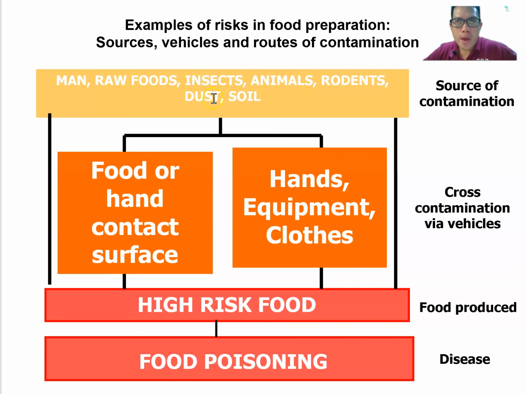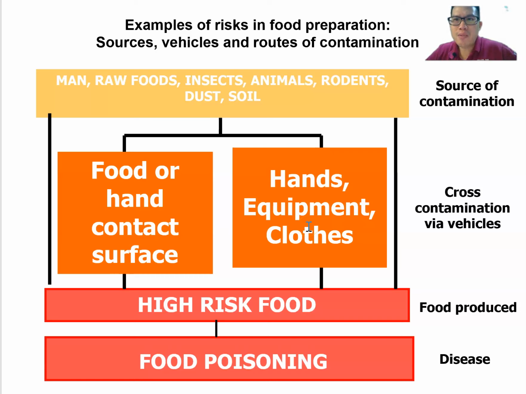So when the food or the person contacts these surfaces, it will lead to cross-contamination, including equipment as well. Clothing, very important. Some people's clothing is always touching the raw meat, and then they go and touch salad.